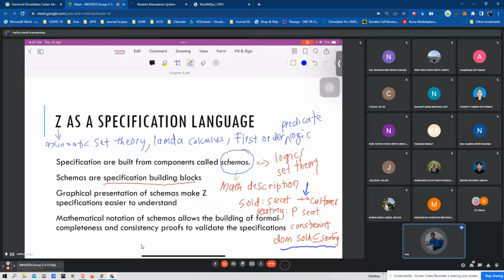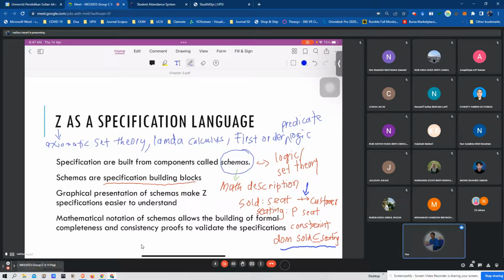Okay, many of the schemas are based on specification building blocks. Building blocks also use graphical representation to make Z specifications easier to understand.